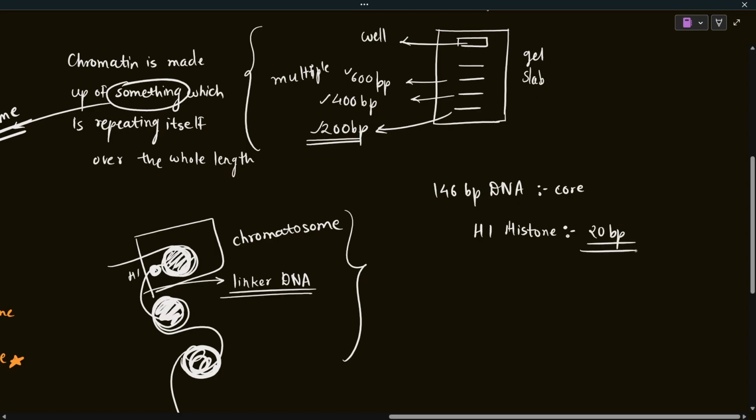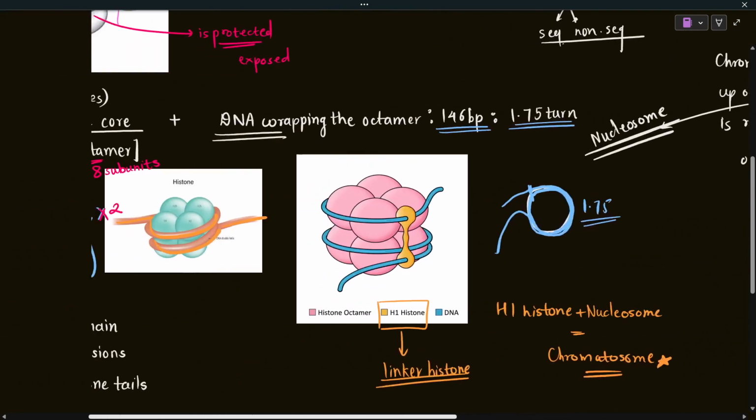It can wrap 20 to 80 base pairs around itself. And thus, we have a structure known as chromatosome.